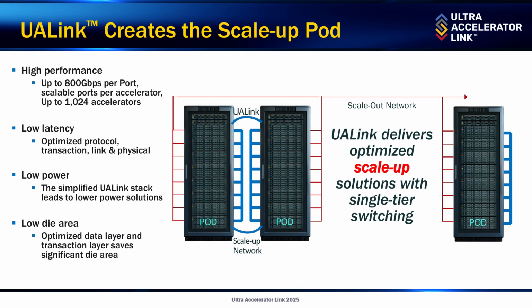So let's take a look at a basic pod. It's generally created with a set of racks. The scale-up interconnect shown in blue will connect something on the order of 1 to 4 racks, depending on the size of your rack and your physicals. This is a simple load store model interconnect.